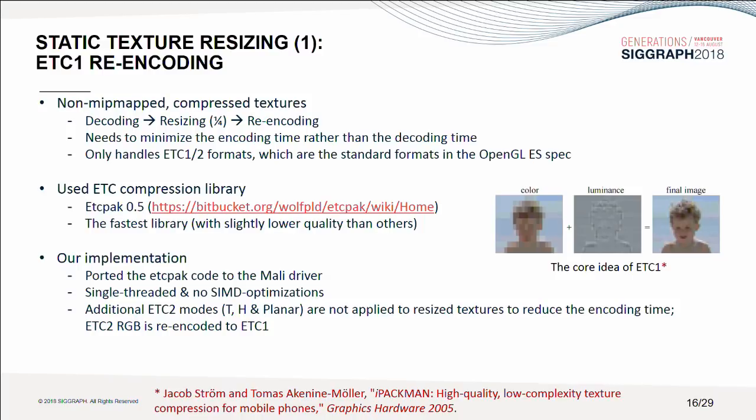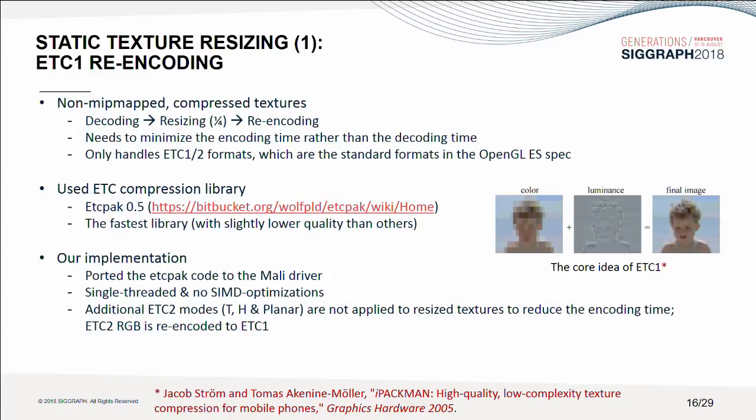The first case is ETC1 re-encoding for non-min-max compressed textures. We perform decoding, resizing, and re-encoding for these textures. And we need to minimize the encoding time rather than the decoding time because texture compression is much more complex than texture decoding.